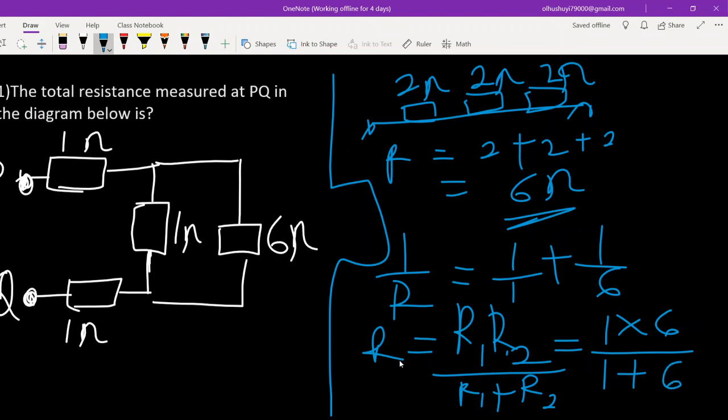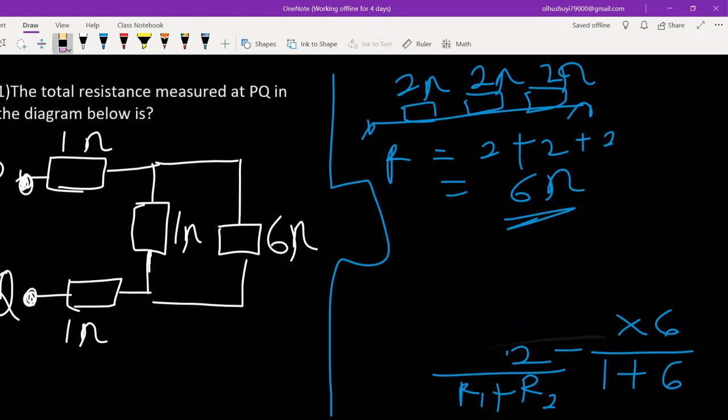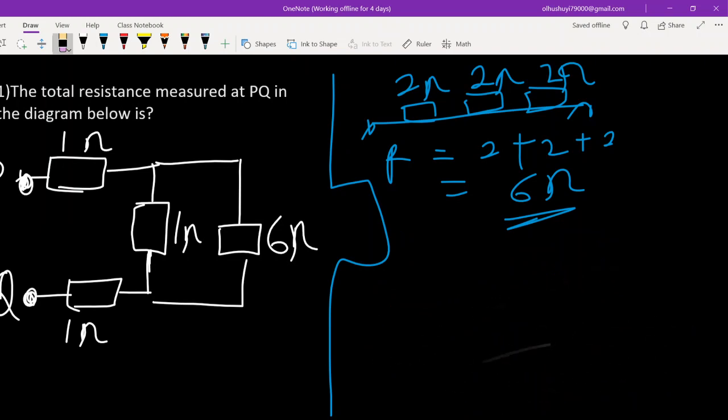So what do we have? We definitely have 6 upon 7, so 1 over R equals 6 upon 7, and that will be what?